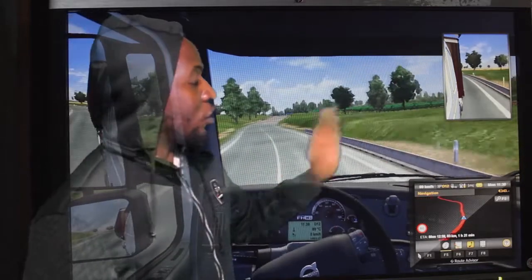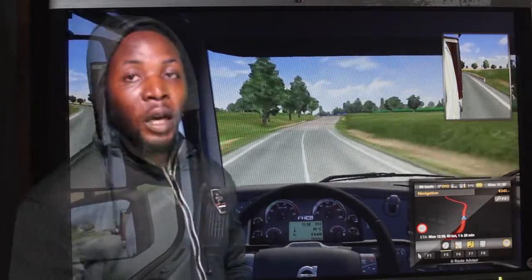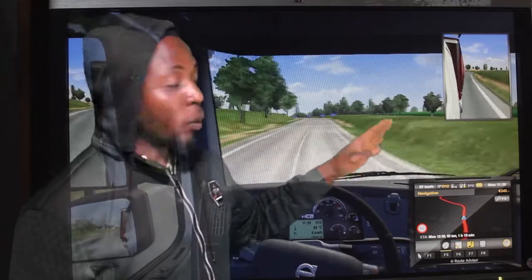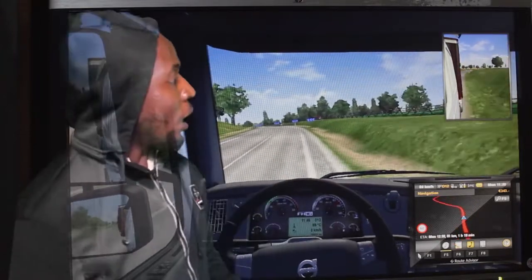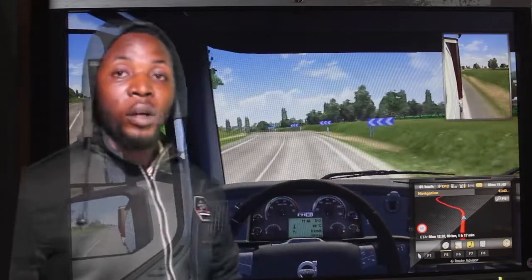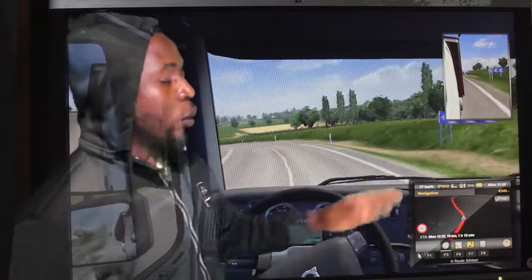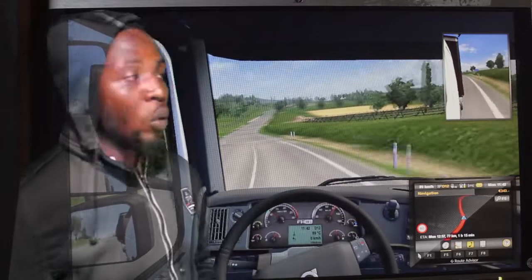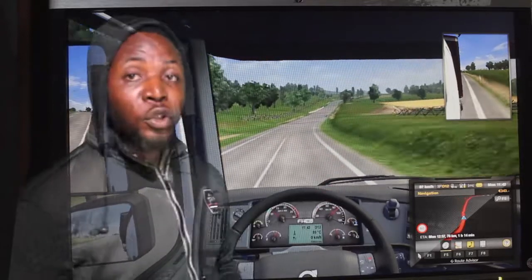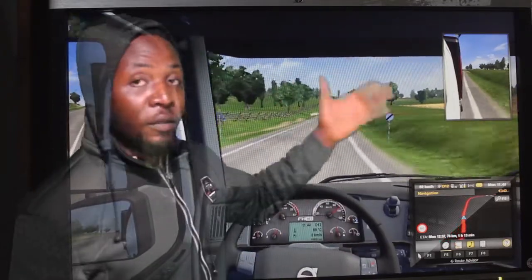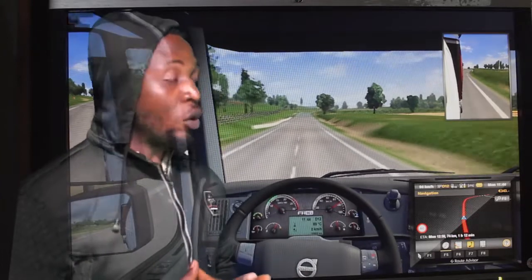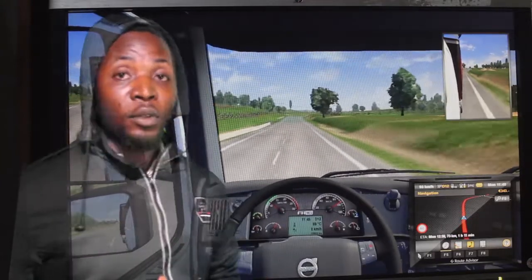So this is the structure of the highway. I hope you can see it very well. When you are driving on this road, you have to be careful of incoming vehicles. And when you want to overtake, you have to make sure you are able to see far, and don't overtake when it is not necessary.